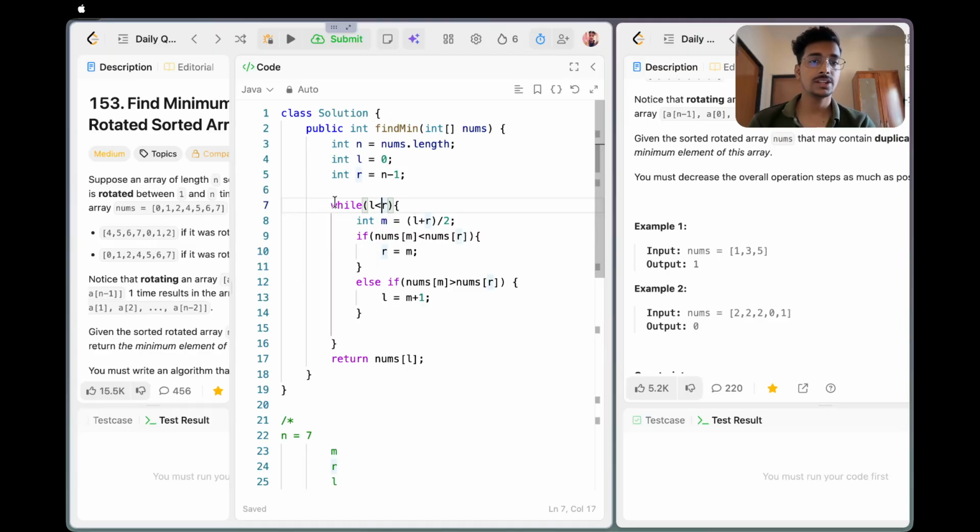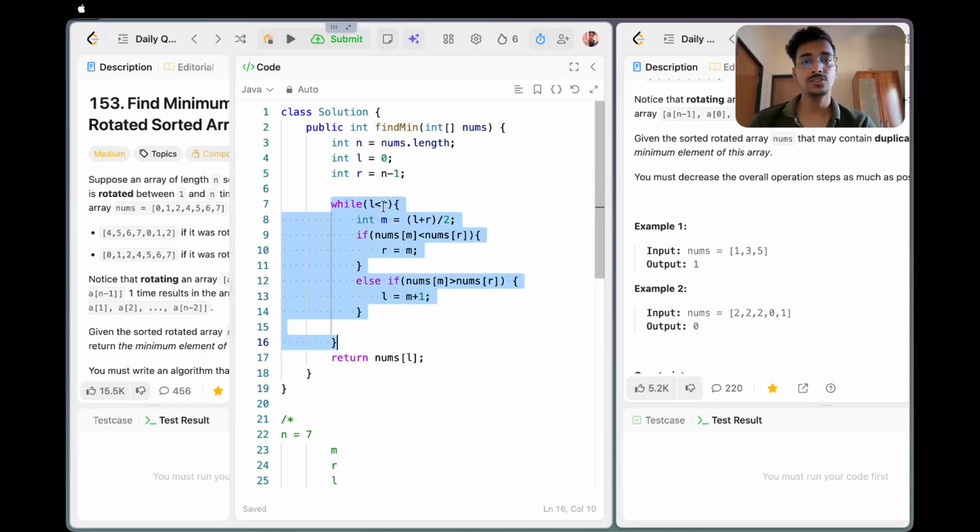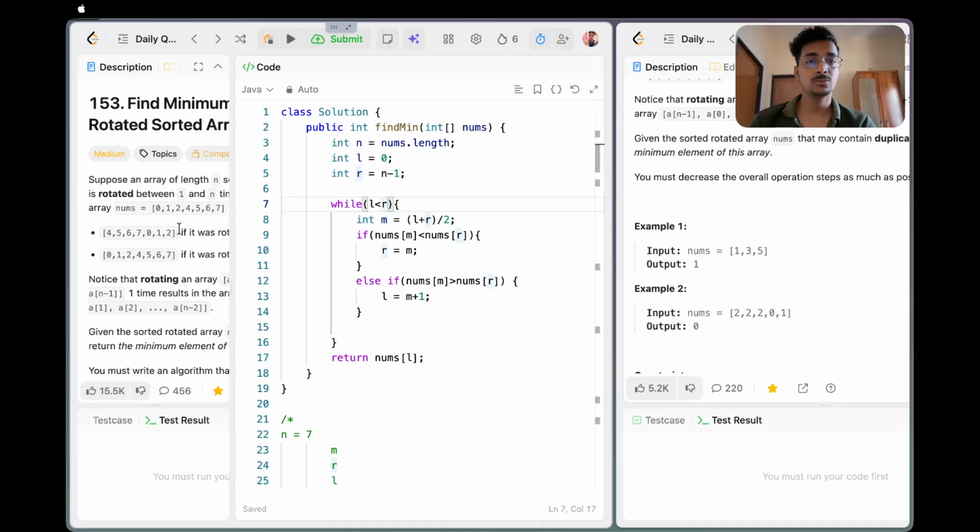We were iterating over the array in this manner. L is at the leftmost element and R is at the rightmost element, and then I calculated mid with this formula.